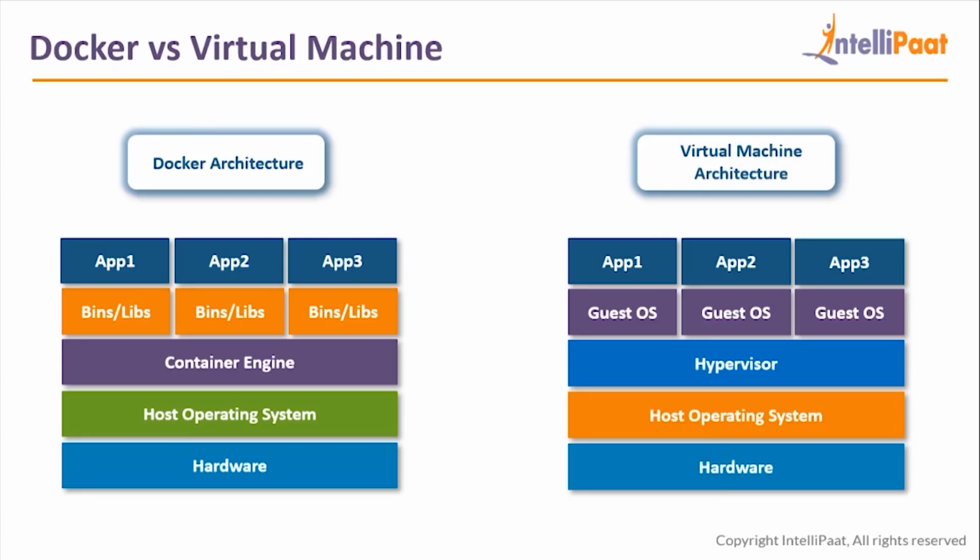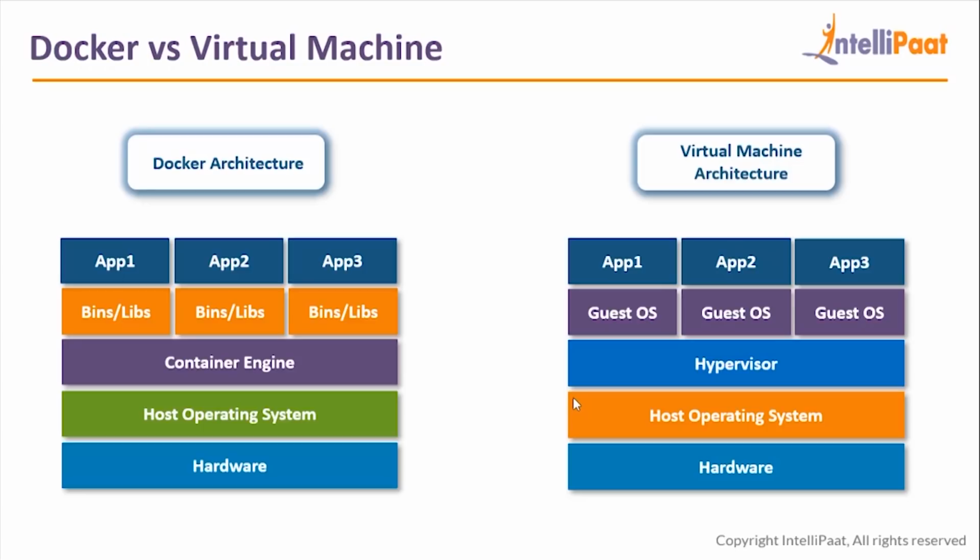All right, so on the right side, you can see the architecture of VM, guys. On the VMs, you have the hardware, which is the same as the Docker architecture that we saw. Then on top of hardware, you have the host operating system, which is the same as the Docker container that we saw.